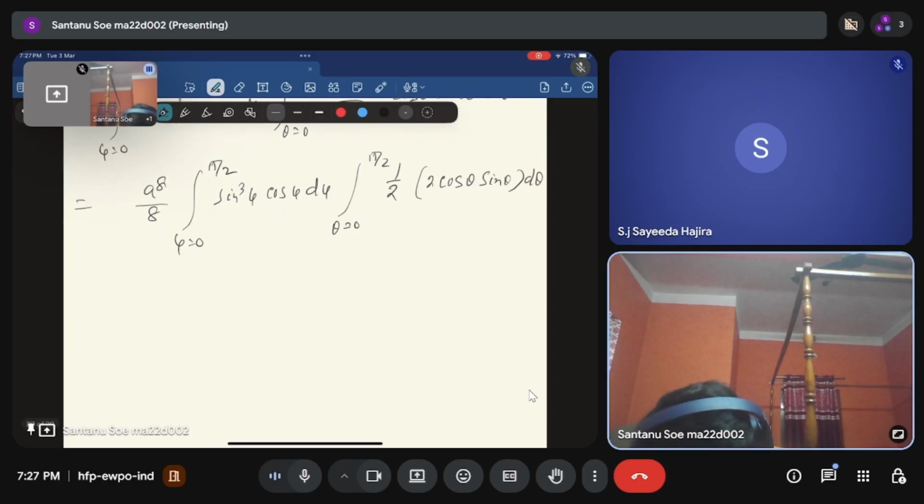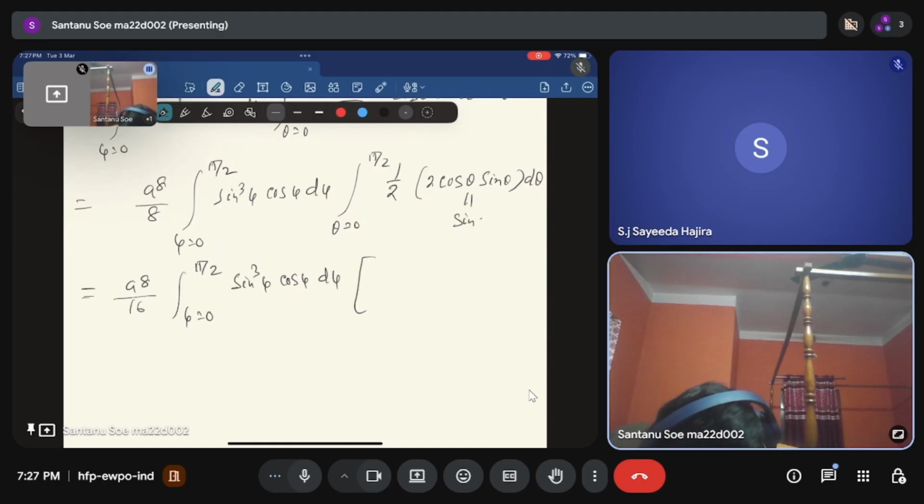So this is gonna be a to the power 8 by 16, phi equals 0 to pi by 2 sine cube of phi cos of phi d phi.